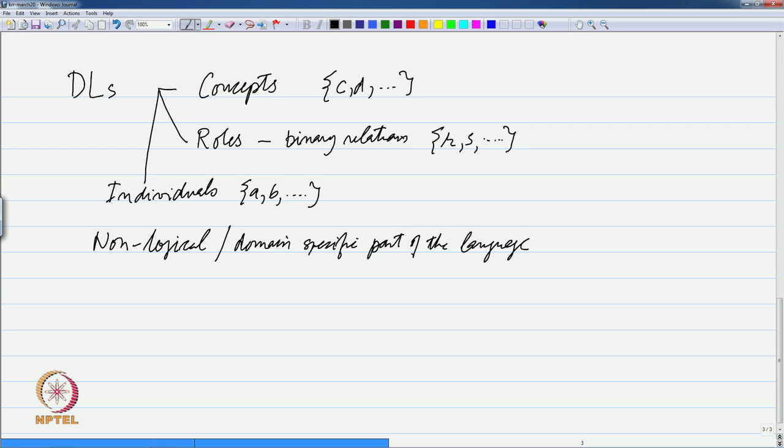And this particular description logic that we will start by looking at, which is the language given in Brachman and Levesque, uses this logical set of alphabets. So, the logical part of the language consists of punctuation.